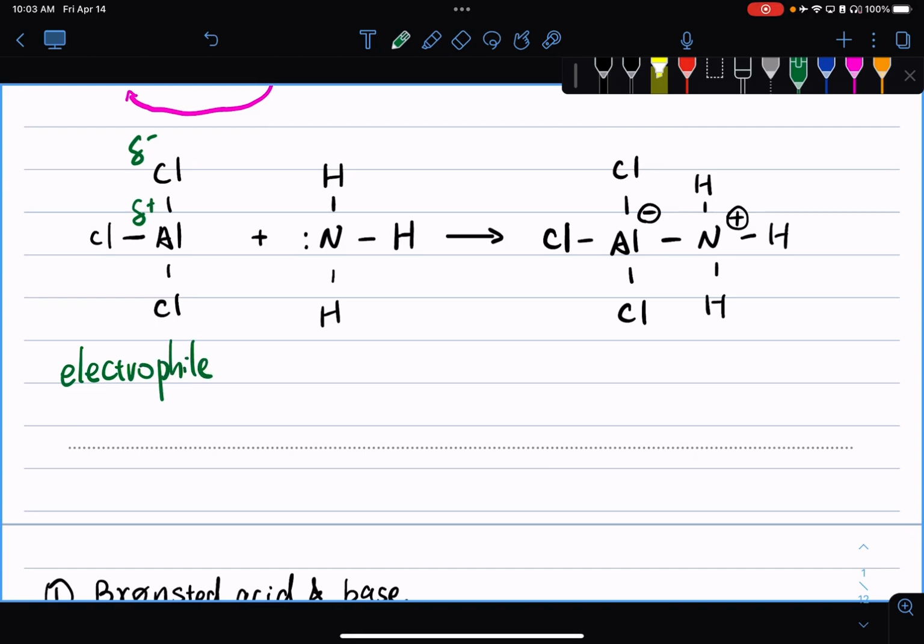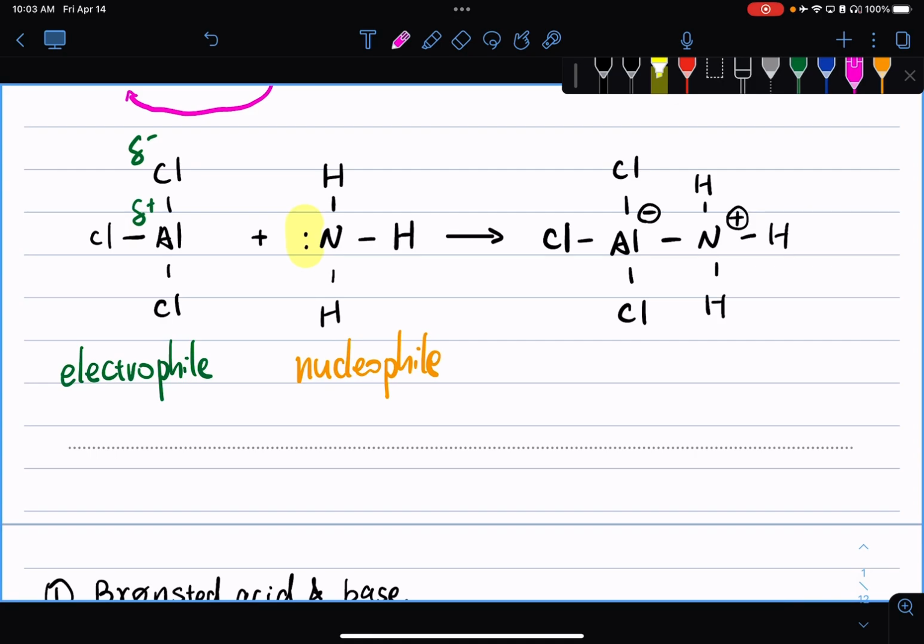Later, we'll also see aluminum chloride act as a Lewis acid, or electron pair acceptor. It is electron deficient. And on the right-hand side, we have NH3 with the lone pair, or an electron pair donor. So that's our nucleophile.